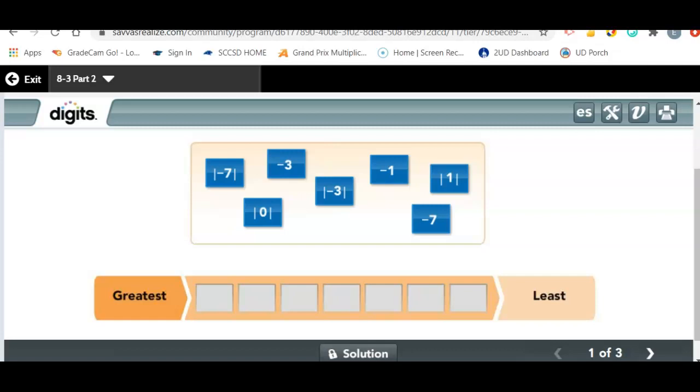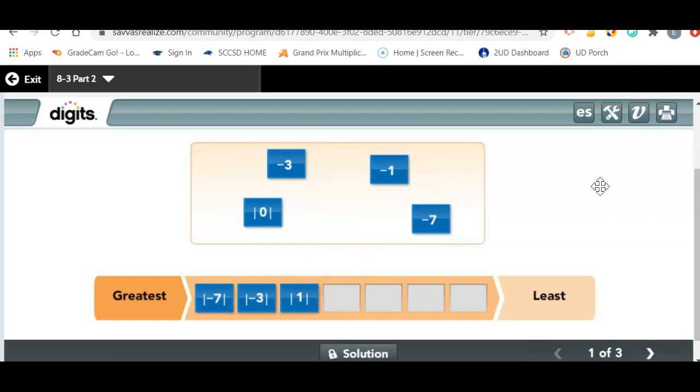1. It's not going to be absolute value of 1. Another one that's greater. Annabelle: The absolute value of -7. Okay, that's the largest. What's the next largest? Lila: Absolute value of -3. Audrey, what's next? Good. Absolute value of 1. Then what do we have?